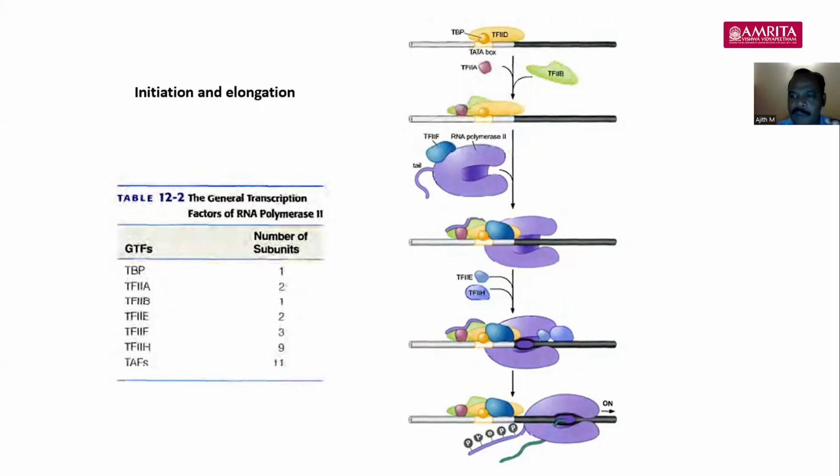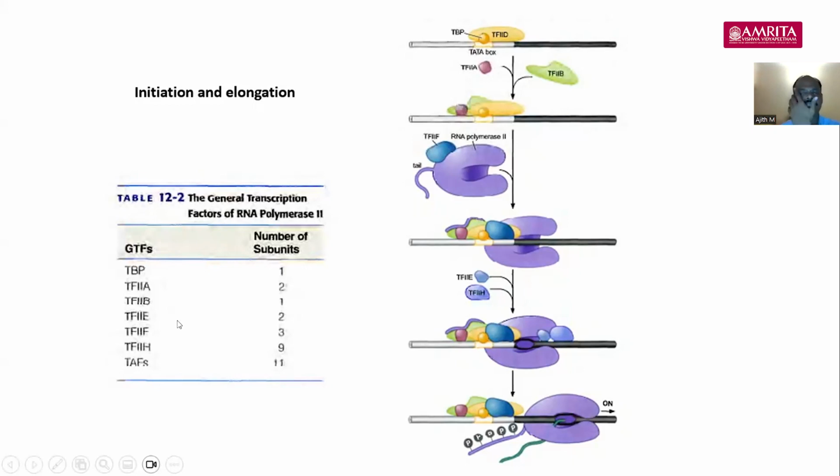So see here, in prokaryotes and the eukaryotes, the function is quite the same. But the proteins that are involved are a little different. It is more elaborate in the case of the eukaryotes than in prokaryotes. So to give you an idea about the complexity, see here. These factors that are required for transcription are called general transcription factors, or GTFs.